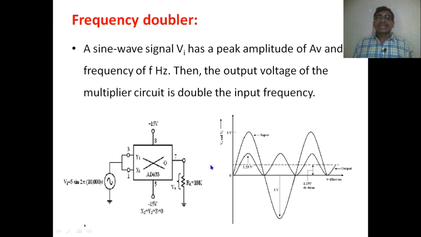The sine square can be written as (1 minus cos 2 omega t) by 2. The frequency will be multiplied by 2. In 1 minus cos 2 omega t, the omega is getting multiplied by 2, so we can say the circuit is doubling the frequency.